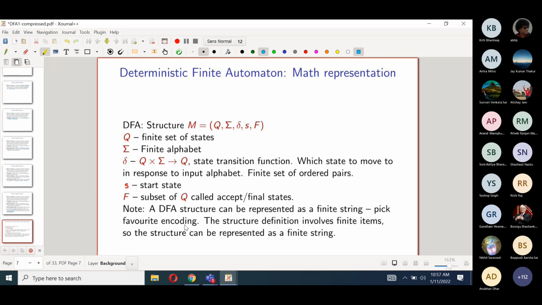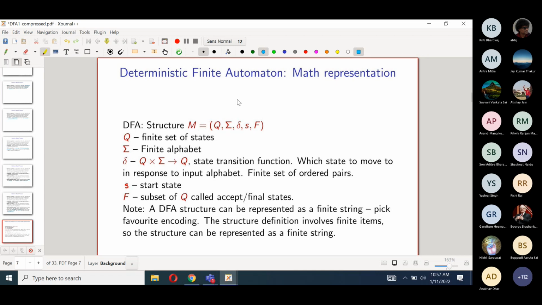It is possible that you stay in the same state even after reading an input alphabet. This is possible. So the transition could be that the system stays in the same state even after reading an extra input alphabet. But the states you can think of as unique. Okay, ma'am. Got it.